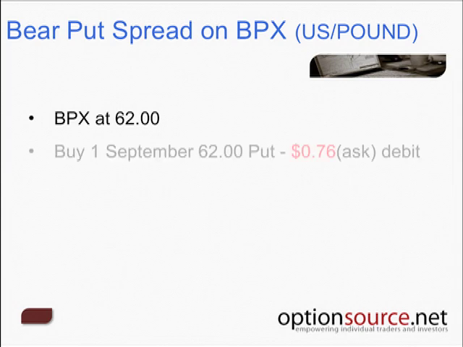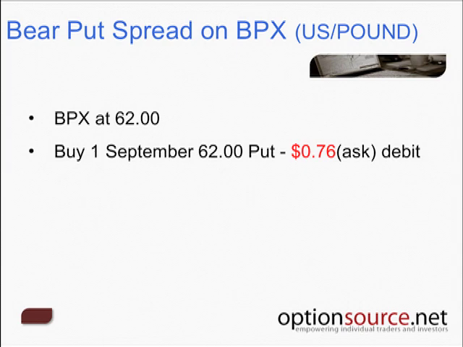So if we break this particular strategy down to really the mechanics of it all, okay, we're looking at the BPX sitting at 62, and we're going to buy one 62 strike put option, and that's going to cost us 76 cents.